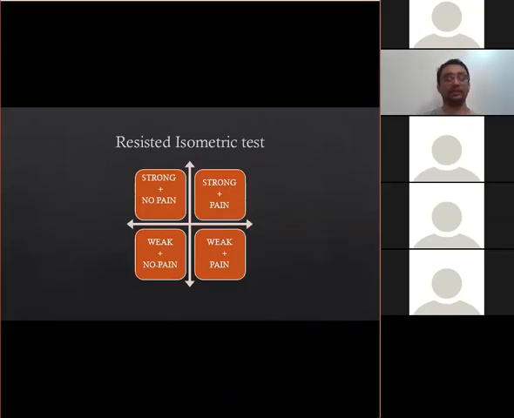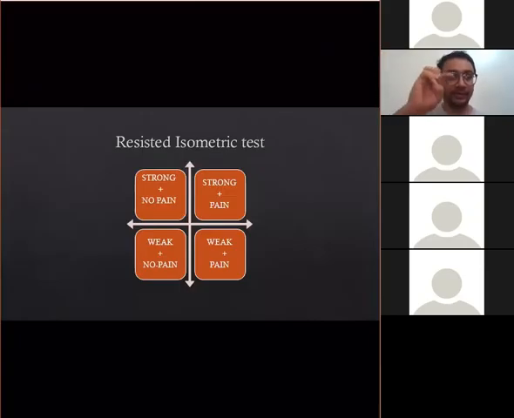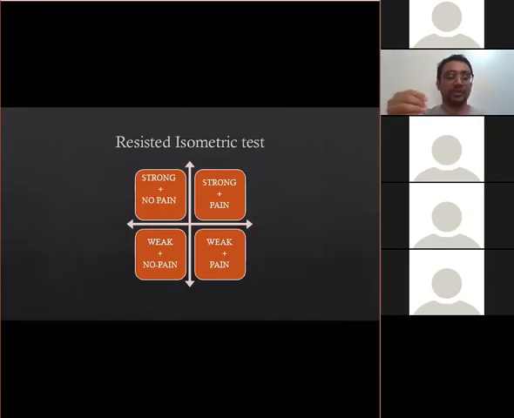Okay, Aisha, let me repeat this again. We are saying the muscle is weak but no pain. And I was saying inhibition could be a cause. How? Inhibition is when the muscle is shut off. The muscle does not get enough firing. Why does that happen?